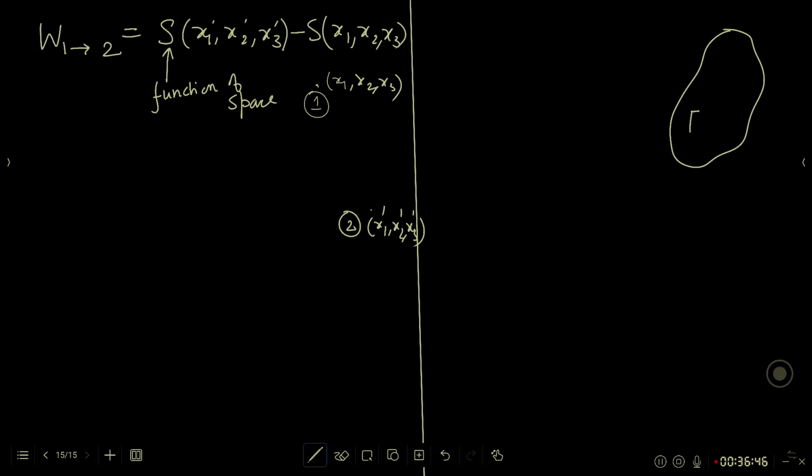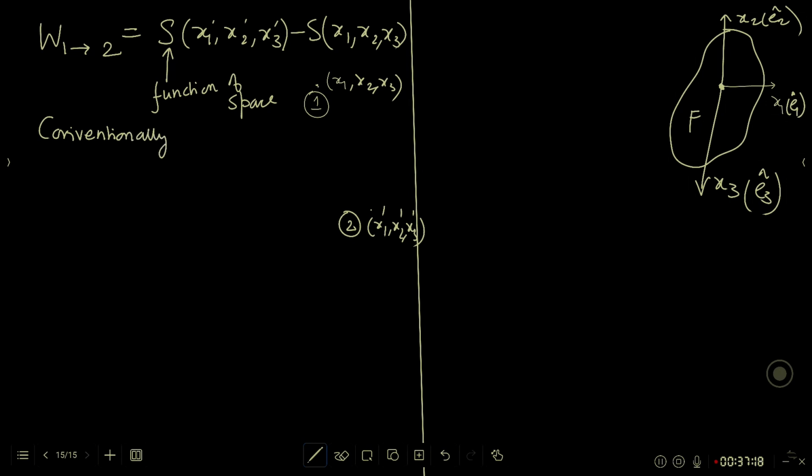Conventionally, we use the symbol V to denote this scalar function, such that W1 to 2 is written in this manner conventionally.